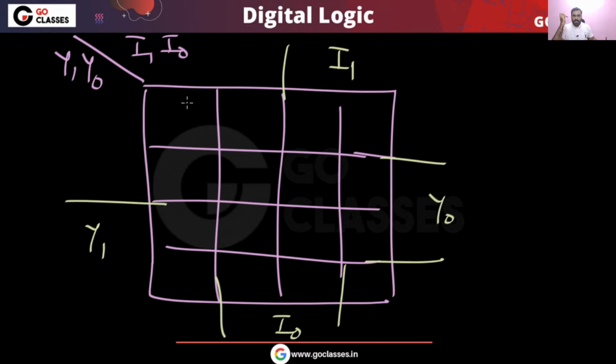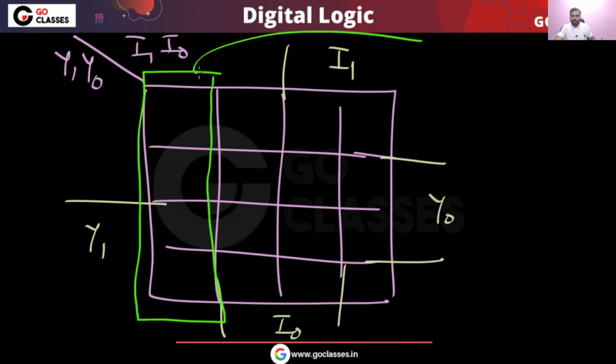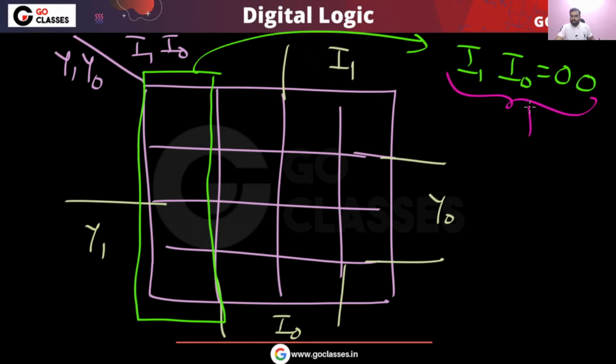Now tell me, when I1, I0 are both 0, look at this area. In this area I can say I1, I0 is equal to 0, 0. Both are 0, 0. So in this situation you should get Y1 or Y0.